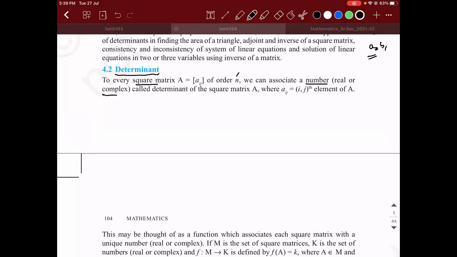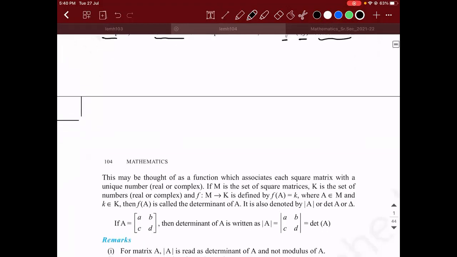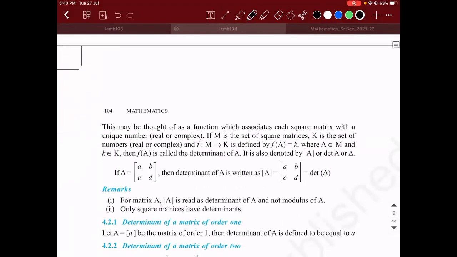It can be a real number or a complex number called the determinant of the square matrix A, where Aij is equal to the i comma j element of capital A, that is the matrix A. So then how do you define the determinant of A? It is something like this, AD minus BC.